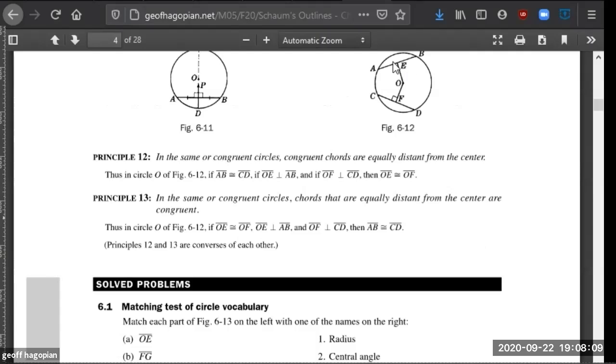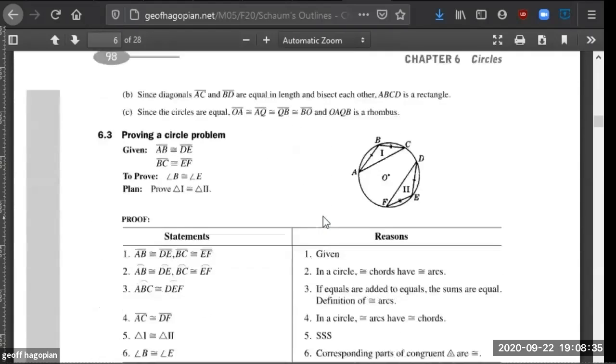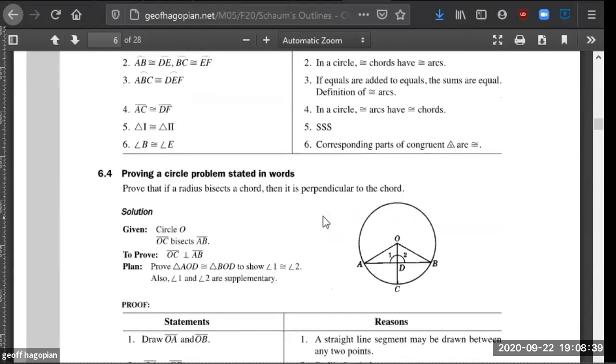Right, so if OE is equal to OF, and this is a right angle, because that's the distance by definition, then again, we can say that those are congruent triangles. All right, so they have some solved problems. I would suggest reading those, proving a circle problem.